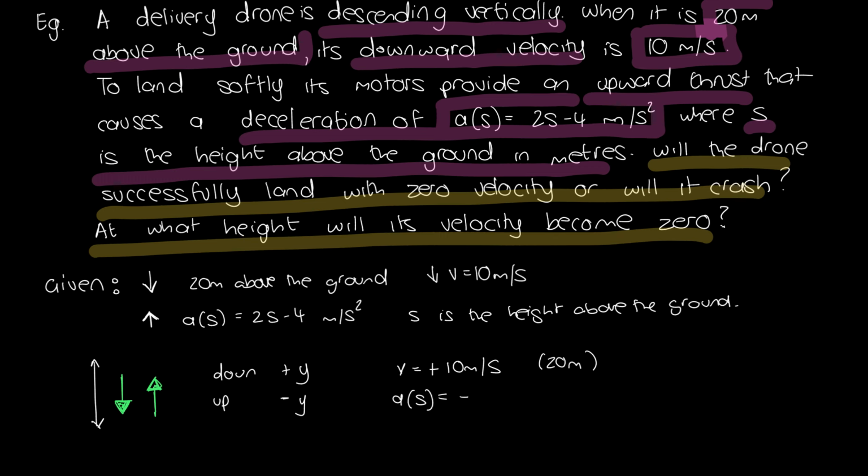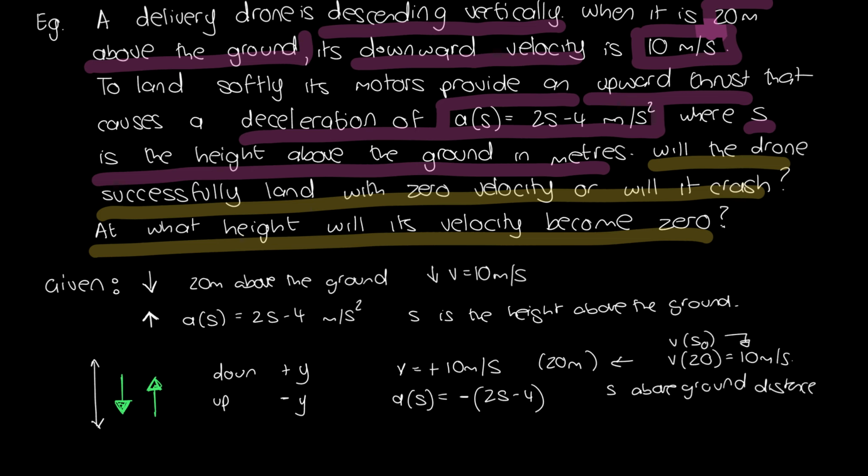So it is going to be minus (2s minus 4) with our coordinate system, where s is the above-ground distance. Which means we can also rewrite that velocity as v(20) equal to 10 meters per second. And then we're going to have this velocity as a function of distance.